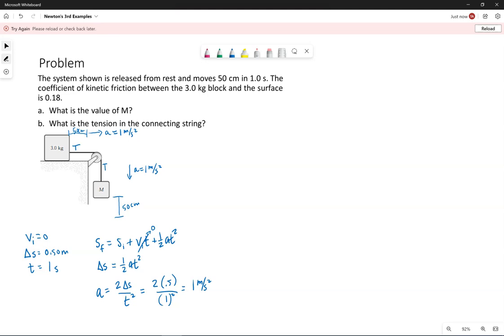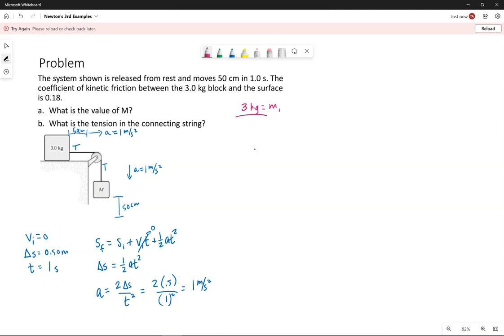I hope it's obvious that the directions of those accelerations are different. But that's okay. To account for those directions, we need to look at these masses individually. I'm going to call the 3 kilogram mass on the table M1.